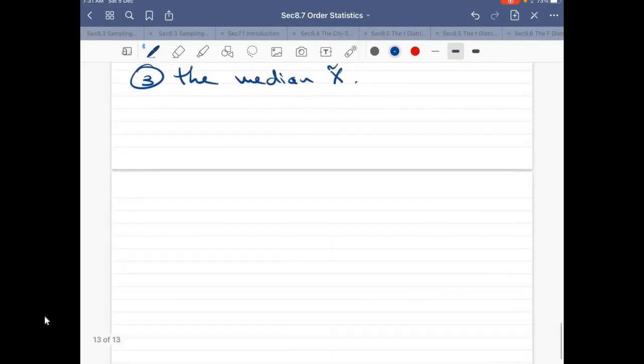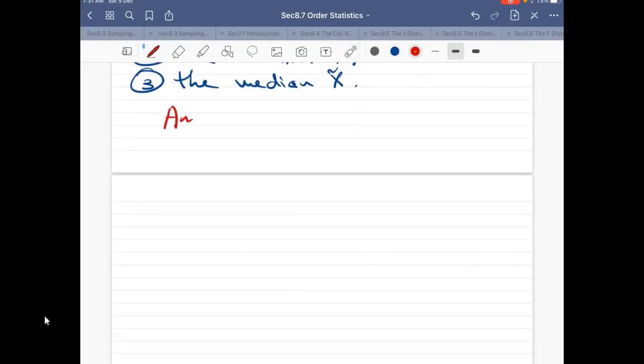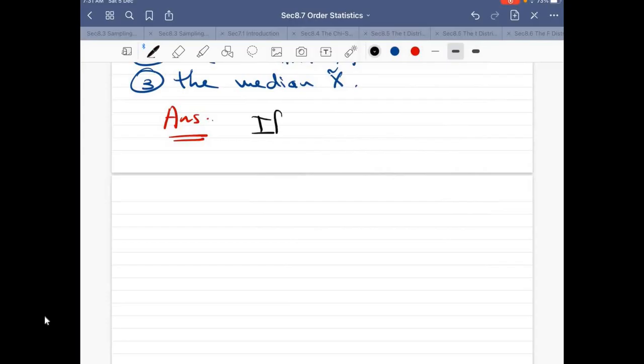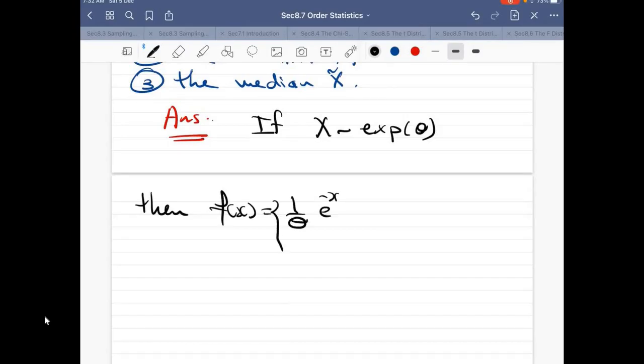All right, now let us start. You know that if x has an exponential theta distribution, then f of x will be 1 over theta e power minus x over theta for x greater than 0, and it will be 0 elsewhere.